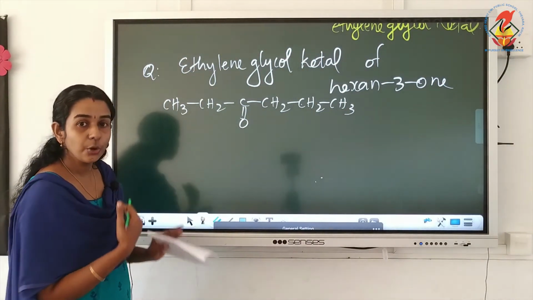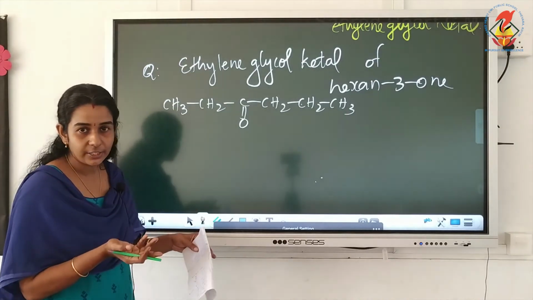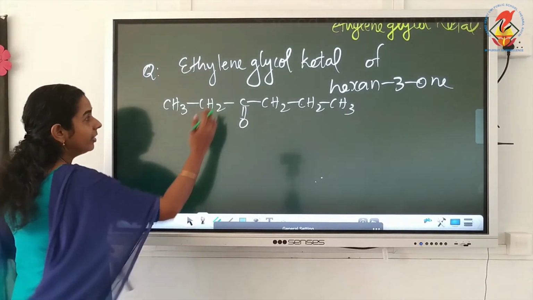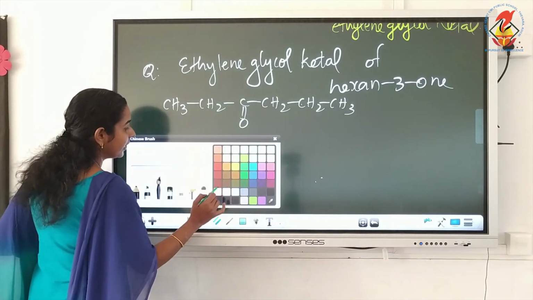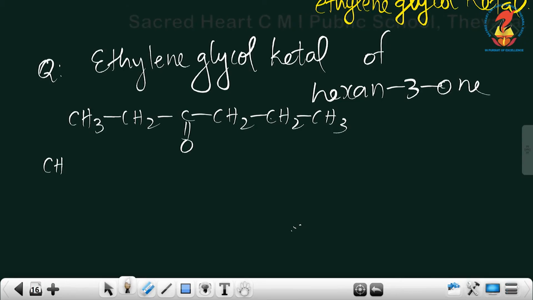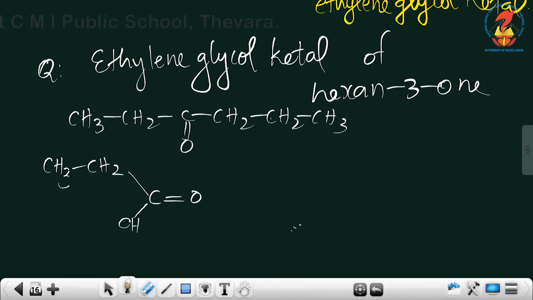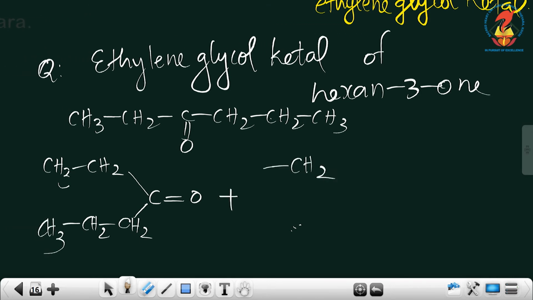So in order to draw or to write the reaction, you need to know it by heart. So how can we write this as CH3, CH2, I am going to write C double bond O like this. The remaining group is CH2, CH2, CH3. Will be reacting with ethylene glycol. What is the formula? CH2OH, CH2OH.